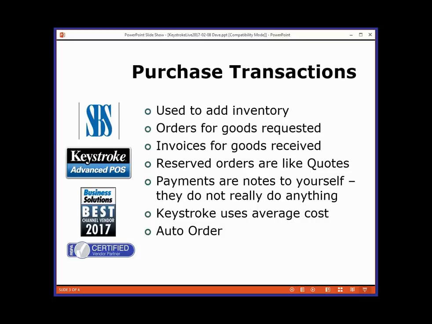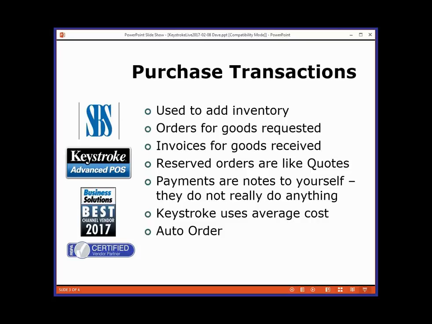The other big thing I like talking about in Keystroke is that we use the average cost inventory value. So in other words, if you buy 10 of an item and you pay $5 for each of that, that's $50 for those 10 items, or $5 an item is your average cost.